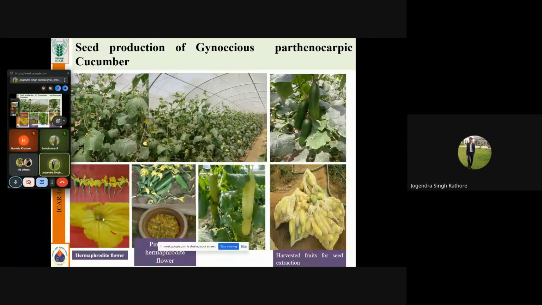So what we do is pinching of these hermaphrodite flowers, and pinching is the most important part when we are going for seed production, because with pinching you are allowing that particular plant to start its mixed state, that is appearance of both male and female flowers, as early as possible.